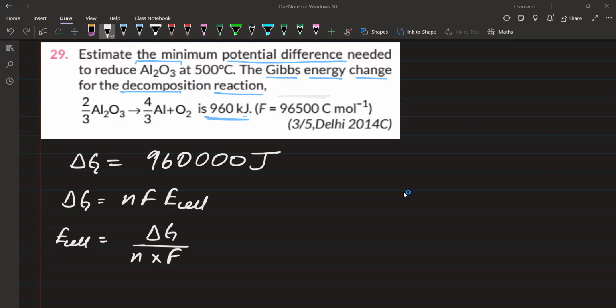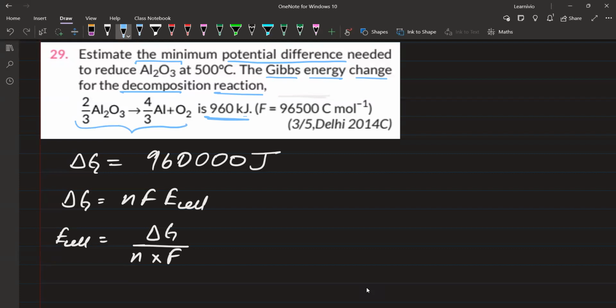From the change in oxidation state you will find the number of electrons. Okay, let me help you a little here. You have been given the Gibbs energy change for this reaction, so you will also look at the number of electrons consumed in this reaction.